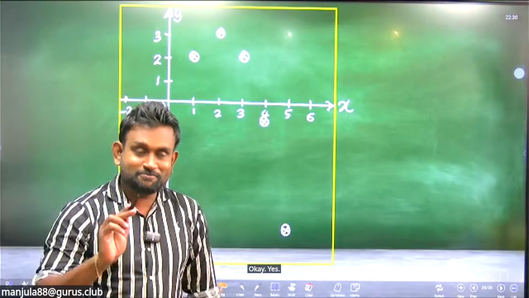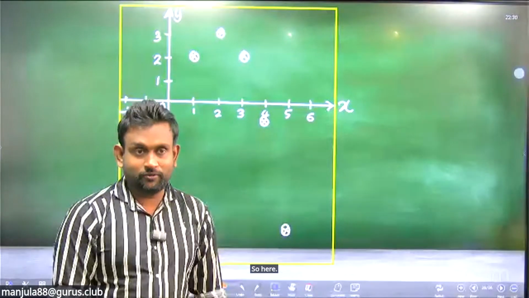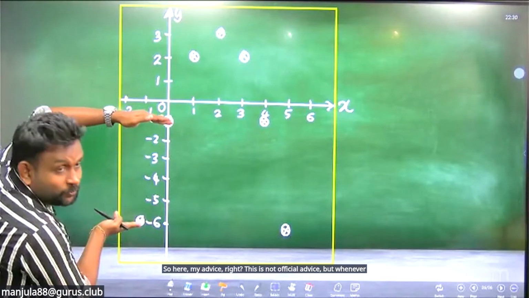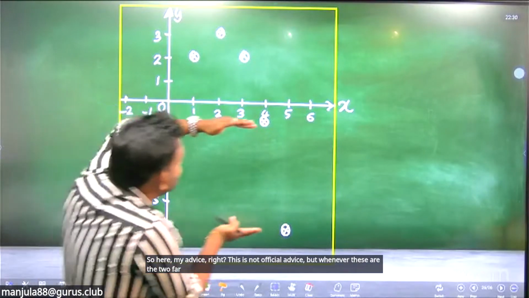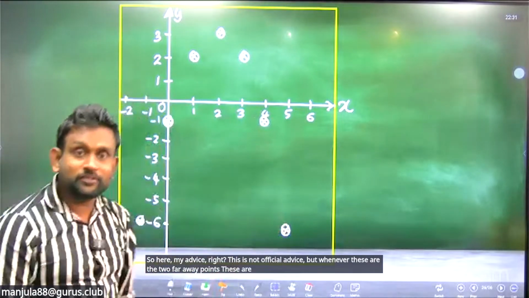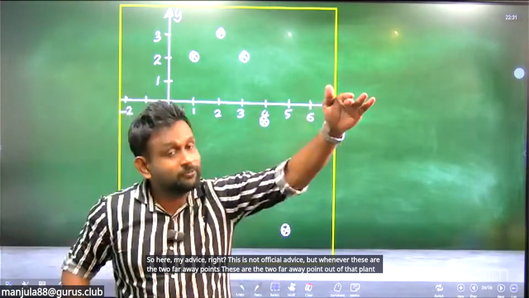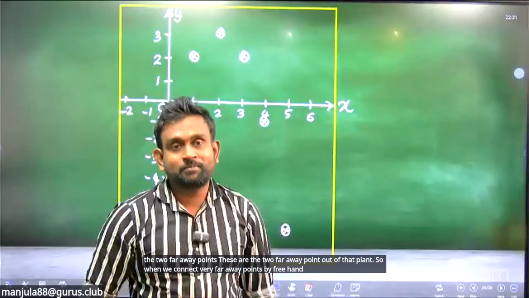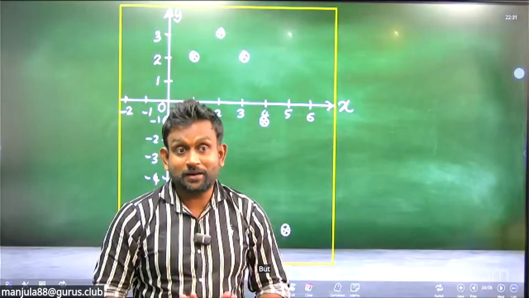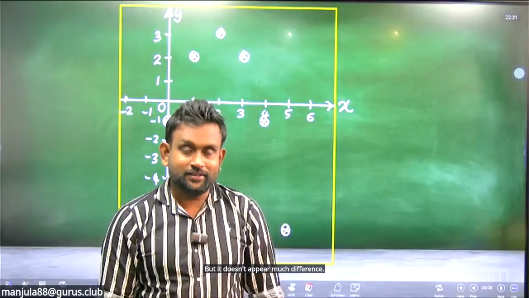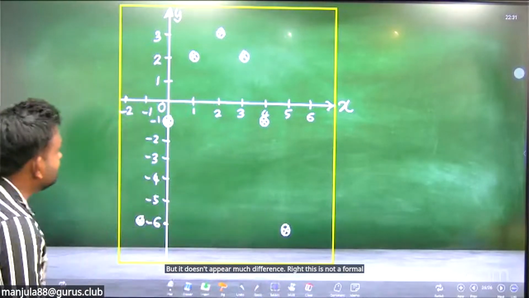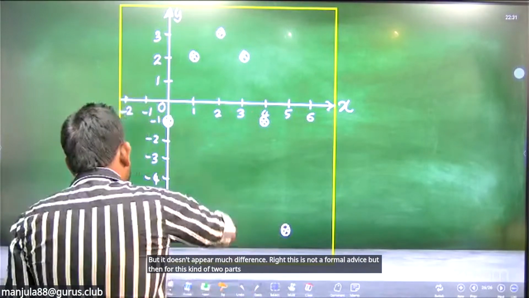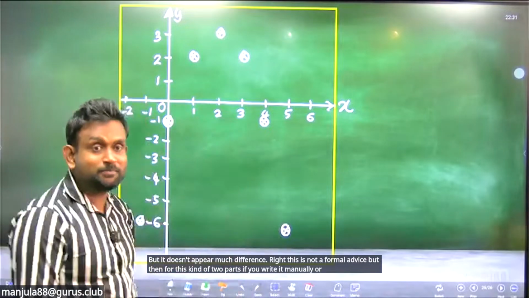So here is my advice. This is not official advice, but whenever there are two far away points, if you connect very far away points by freehand or with a ruler, it doesn't appear much different.